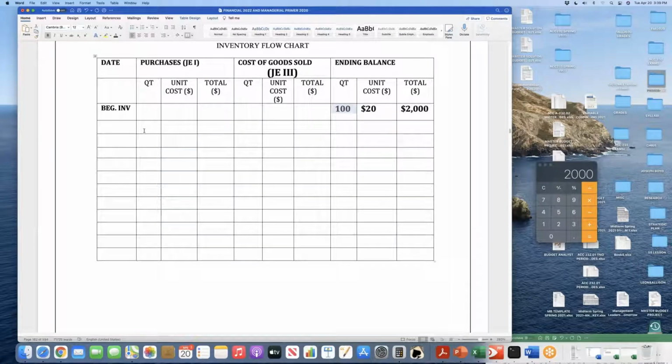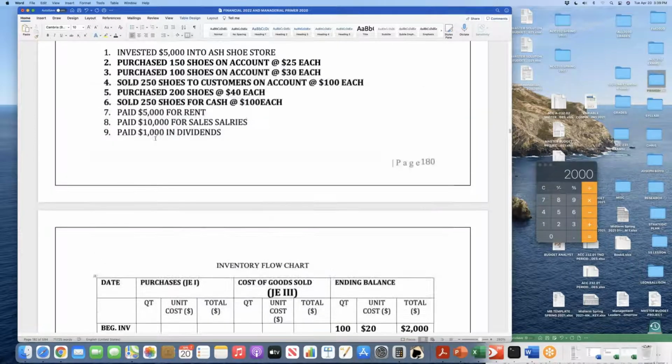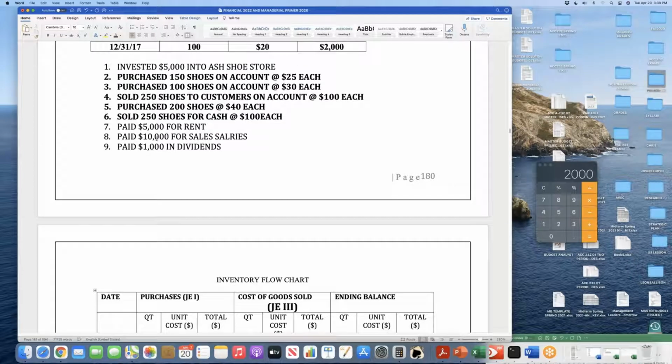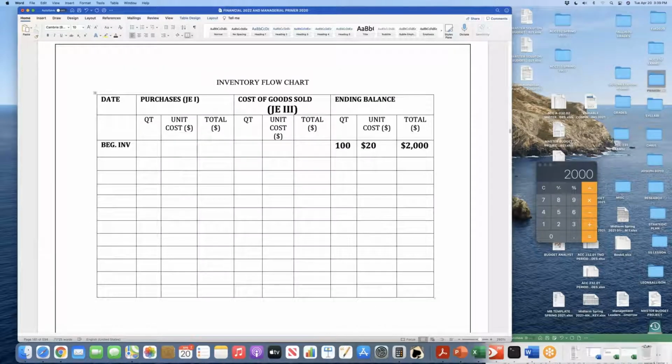So we bought 150 and 100 at 25. So 150 at 25 is how much?